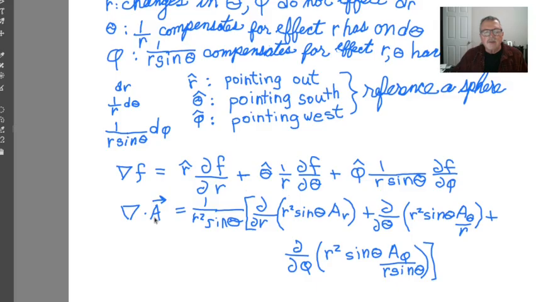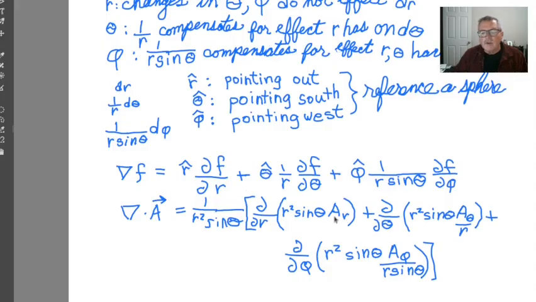The question is, what is the divergence of the vector with respect to the volume? Divergence with respect to the volume. And here's the volume, here's the volume, here's the volume, and each one of those is multiplied by the vector factor.